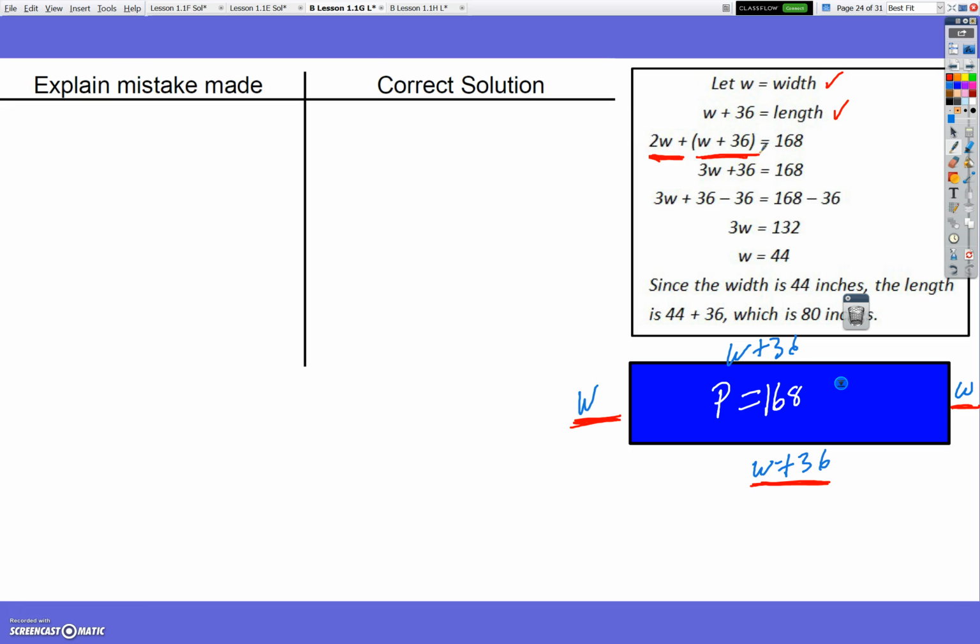She is actually missing one of the sides. She is missing this side right here. That is where the mistake is. There should be a 2 right here. So explain the mistake: she forgot one of the lengths.